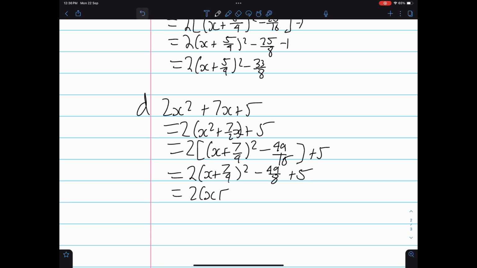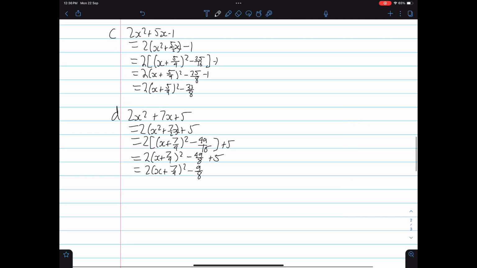I think you probably are starting to get the idea. And this is how you complete the square.